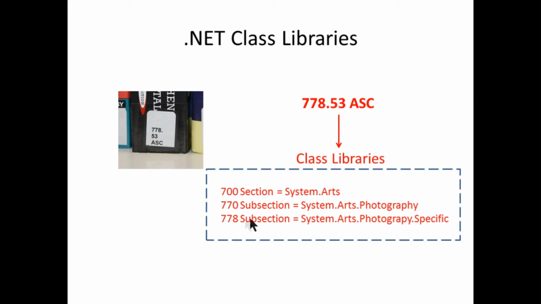And the 778 subsection is System.Arts.Photography.SpecificSubsection, which is how they are defined in the real world libraries, these subsections. And it's the same as the class library addresses in the .NET class libraries. So it's very similar to how they define libraries and addresses in the real world libraries. The .NET class libraries are set up very similarly.